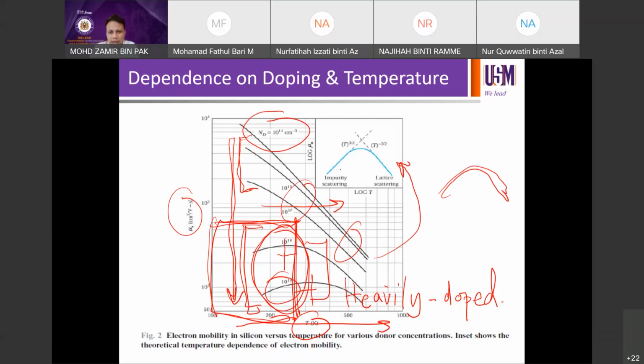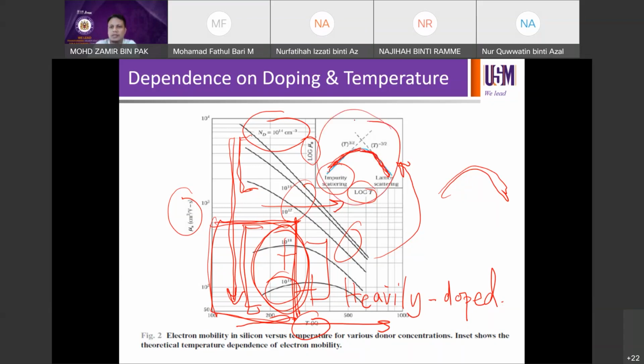So here on the left is for the low temperature. If you plot log of mu against log of T, which is essentially mu against T but in the log form, you're going to get impurity scattering dominating at low temperatures of the heavily doped semiconductor, while lattice scattering dominates in the high temperature region of the heavily doped semiconductor.